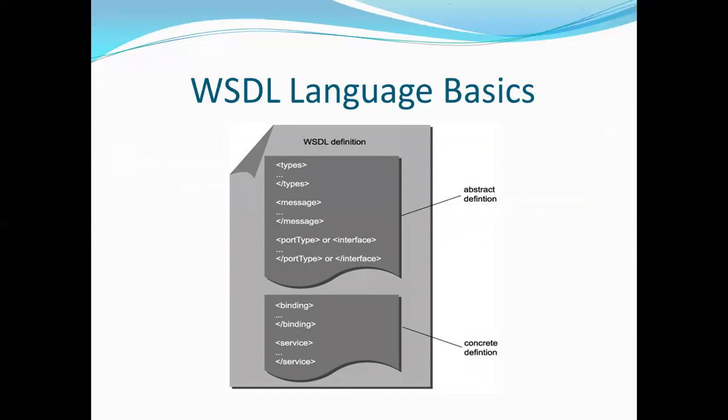You open any WSDL document, you will find different tags. Type tags are a part of the WSDL definition. Then messages, then port type, which is explained in the abstract definition. In the concrete definition, WSDL covers the SOAP binding, SOAP binding start and SOAP binding end.